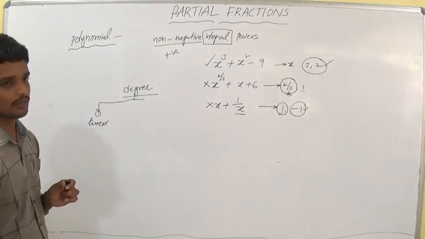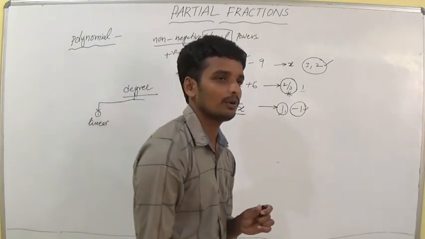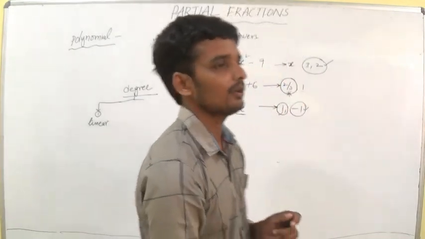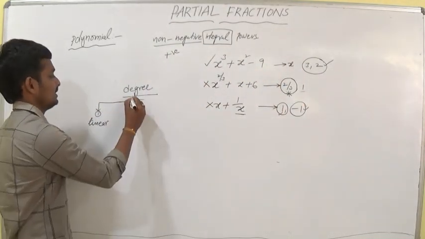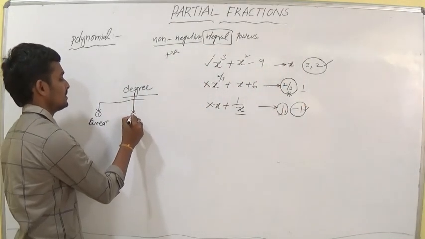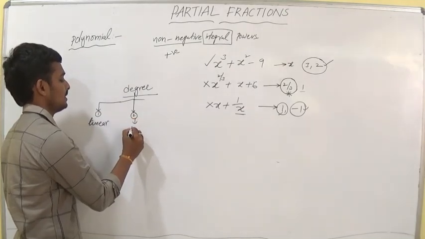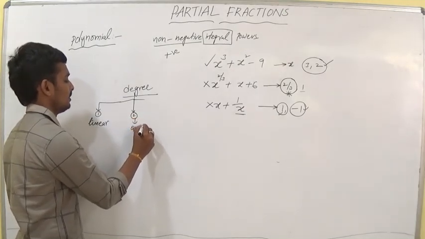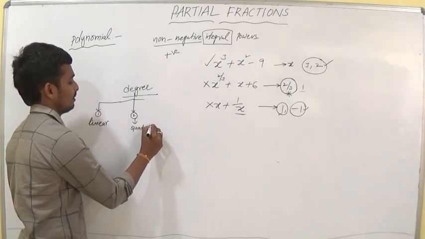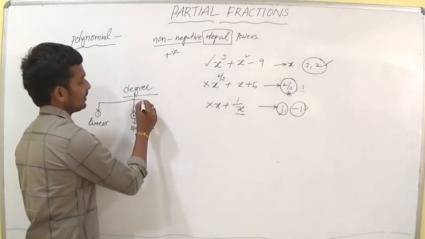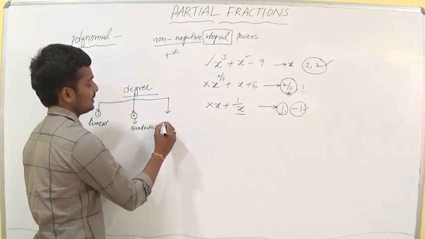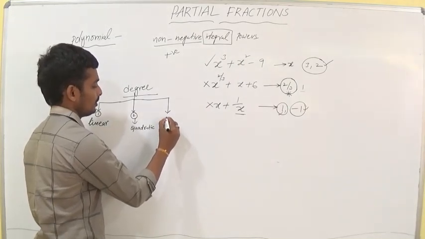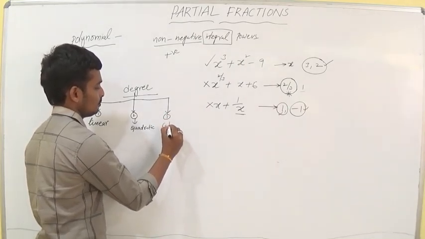If the degree is 2, then it is a quadratic polynomial. If the degree is 3, then it is a cubic polynomial.